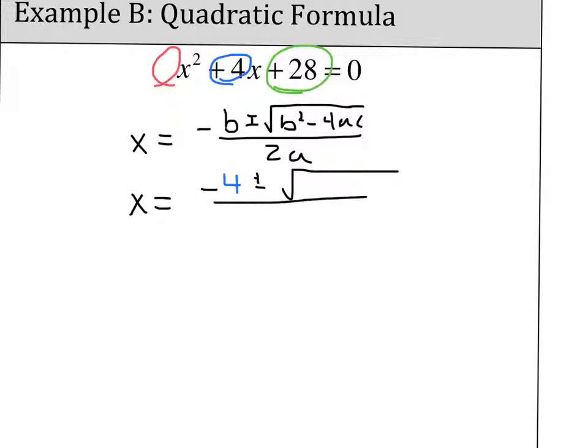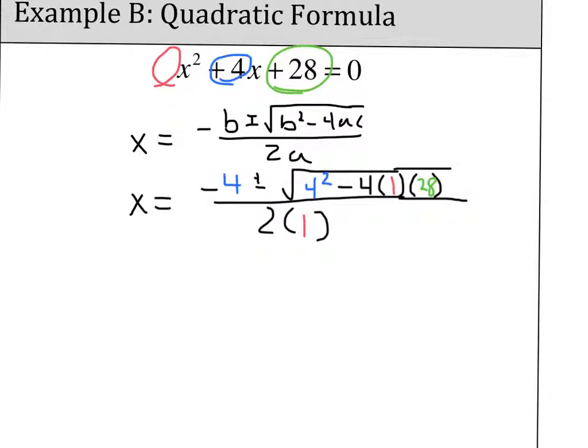radical. And now I'm going to square the b, or just write it out. 4 squared minus 4 times a times c. So my a is 1, my c is 28, all over 2 times 1.